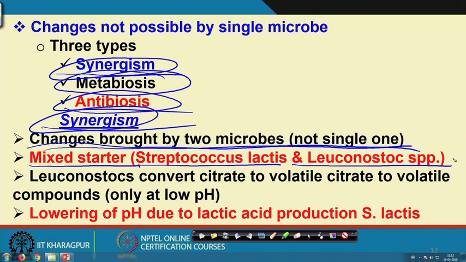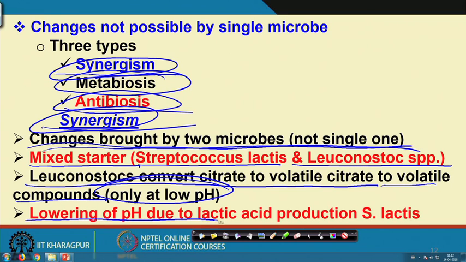One example is the mixed starter, that is Streptococcus lactis and Leuconostoc species, right. Leuconostoc converts citrate to volatile compounds only at low pH, and the lowering of pH due to lactic acid production is done by Streptococcus lactis.